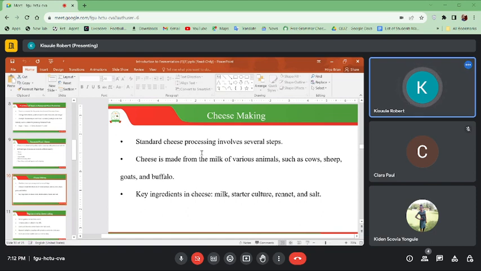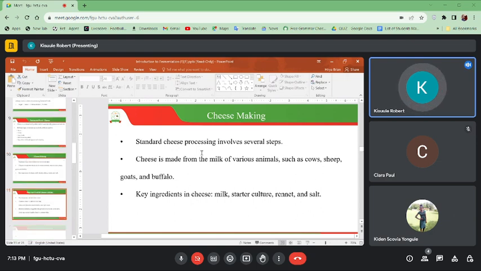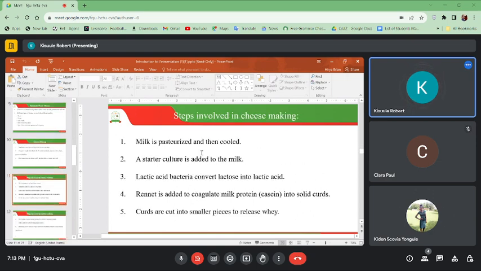Also, the key ingredients in cheese making, like we said, are milk, starter culture, rennet, and salt. And we are going to look at the standard cheese processing steps that you could use to come up with cheese.